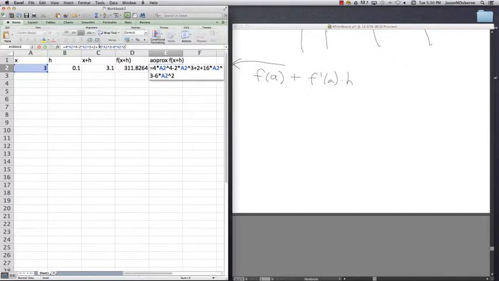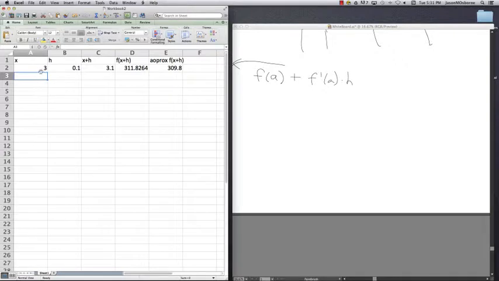And then we need to put all of that in parentheses and multiply that by the h value. And there's the 309.8.